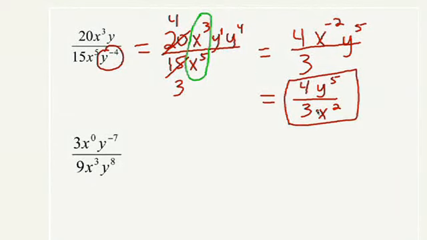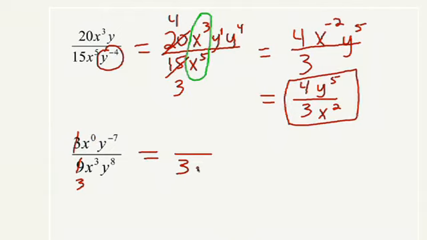All right, let's look at yet another one. All right, again, here let's start off looking at the numbers. 3 will divide into 9 3 times. So that leaves me with a 3 down here. Here, we'll do what we just talked about up here. We'll do larger minus smaller. 3 minus 0 is 3, and 3 is a larger exponent than 0.